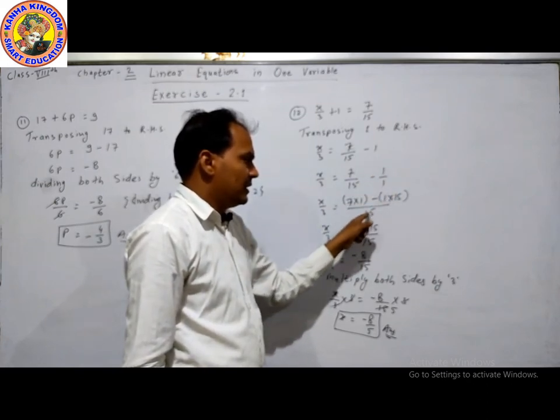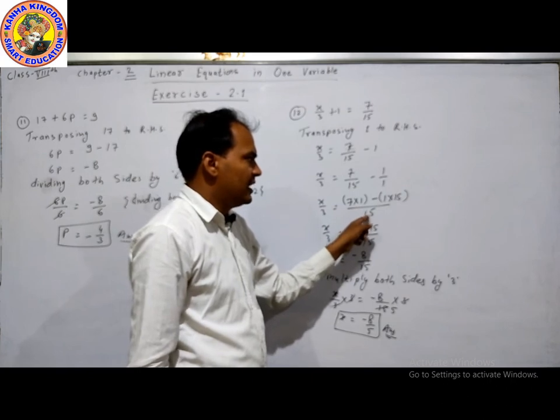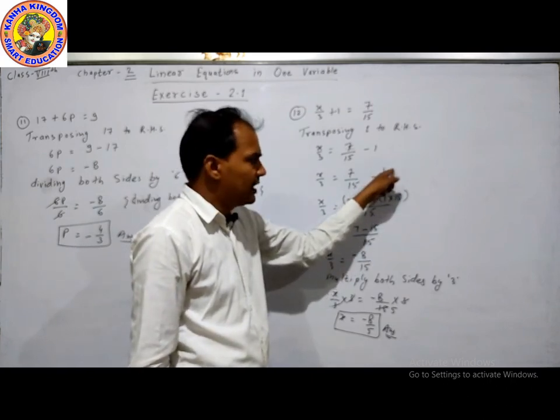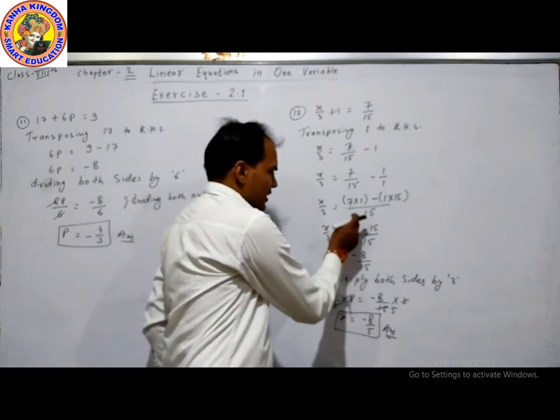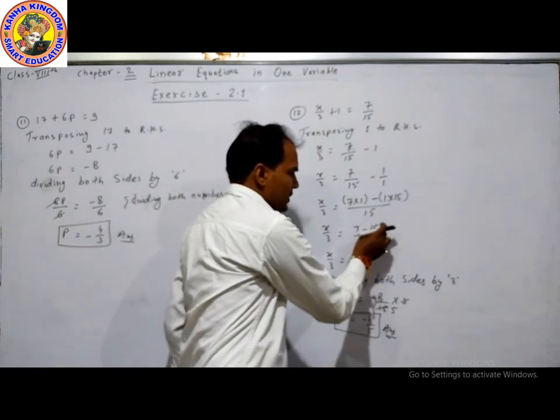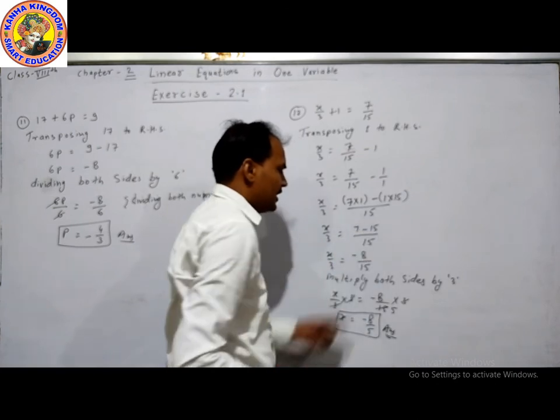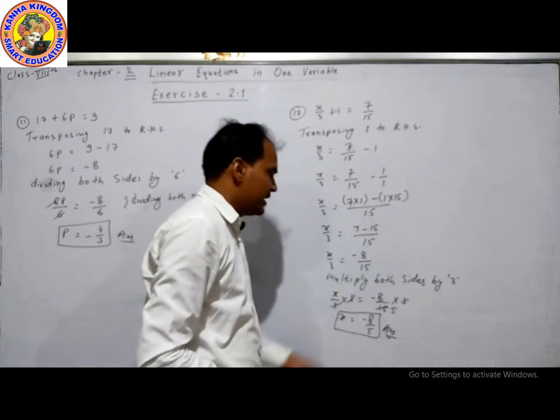Dividing 15 by 1 gives 15, then 15 multiplied by 1 is 15. 7 minus 15 is minus 8.